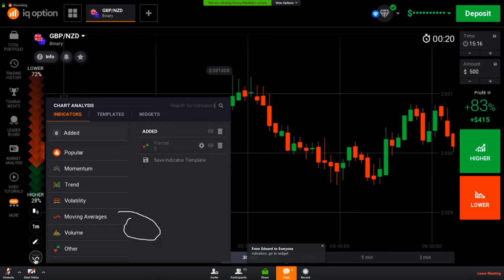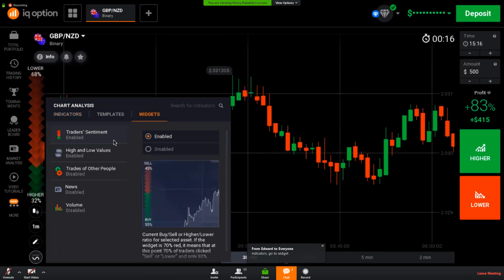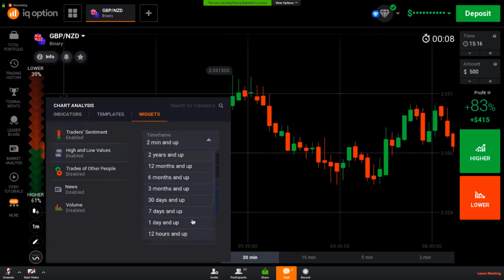You see that indicator? Go to widget. You see high and low. Make sure it's on 2 minutes, because you have 2 years, 1 day, 12. But make sure it's on 2 minutes. Okay, thanks.